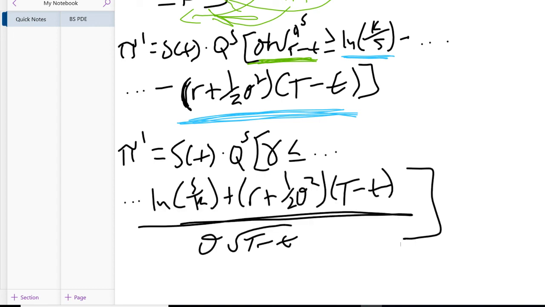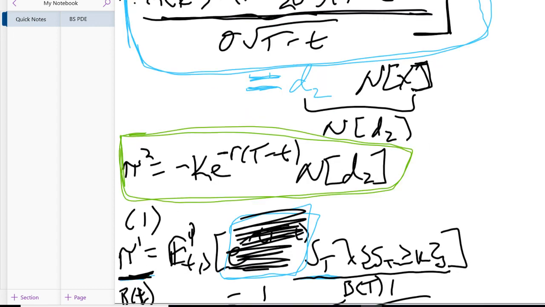So the difference from before, when we had that thing that we decided to call N(d2), it's really only this. Because we were under the Q dynamics there, and now under Q^S, it becomes r plus 1/2 sigma squared. But obviously they're different, and therefore we need to name this something else.